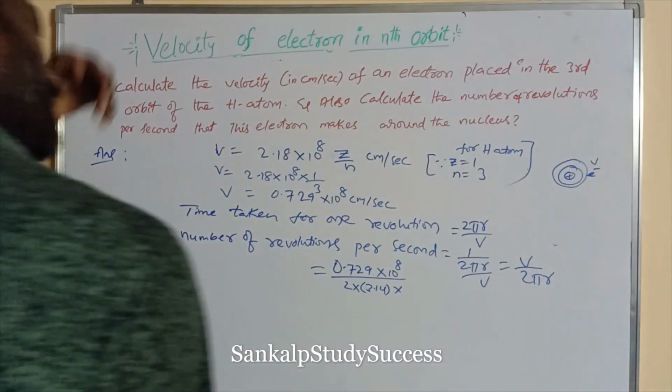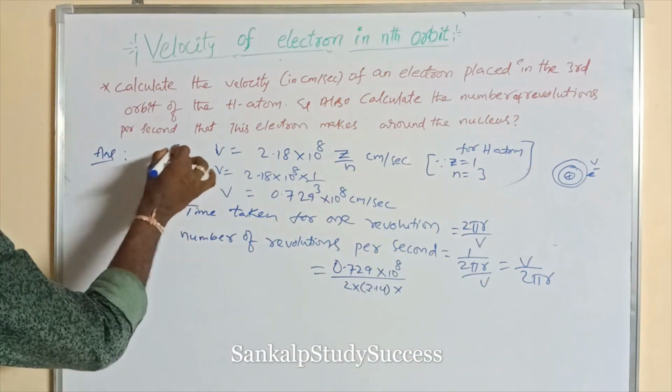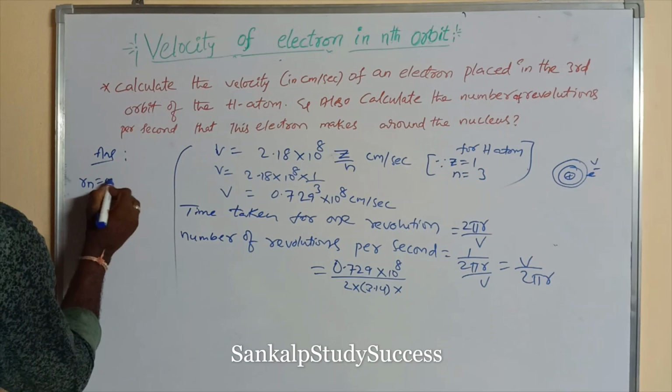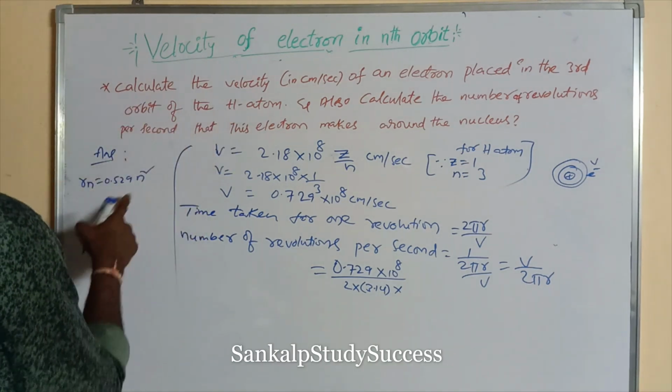So r also we have to find out. We know that rn = 0.529 n²/Z for the hydrogen atom.